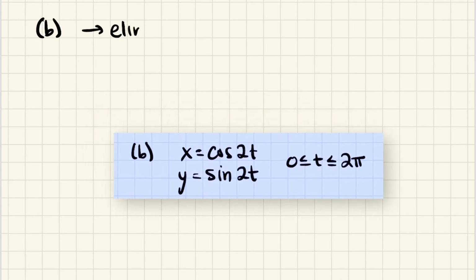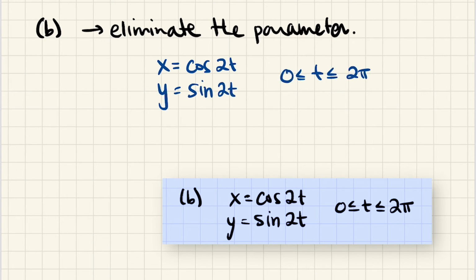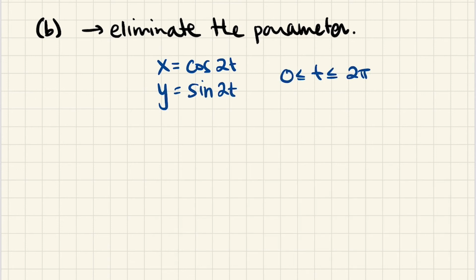So again, for part B, we're going to eliminate the parameter. Okay, so yeah, this is a bunch of trigonometry. So can we think of an identity that relates this form and this form? And don't be fooled by the double angle in there. That's pretty irrelevant.